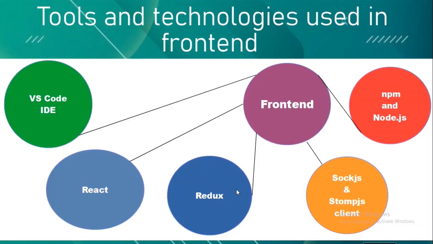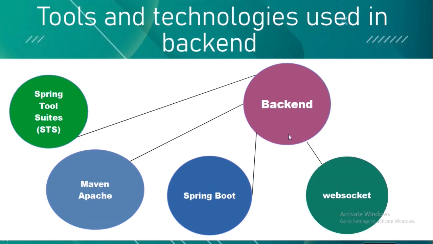Tools and technologies used in the front end: we use the VS Code IDE, React, Redux, SockJS and StompJS client, NPM and Node.js. We also have the tools and technologies used in the backend, where we have Spring Tool Suite STS, Maven Apache, Spring Boot, and WebSocket.